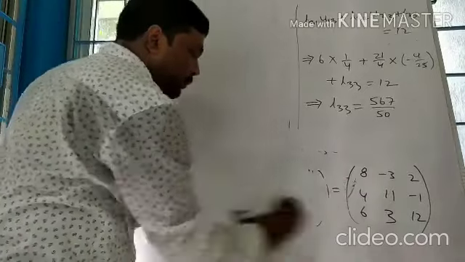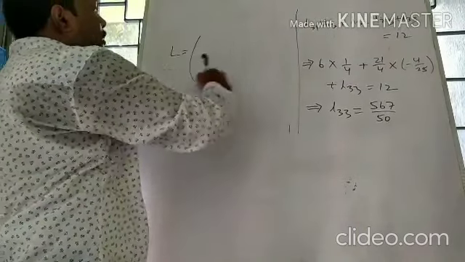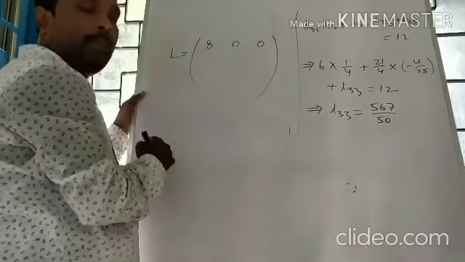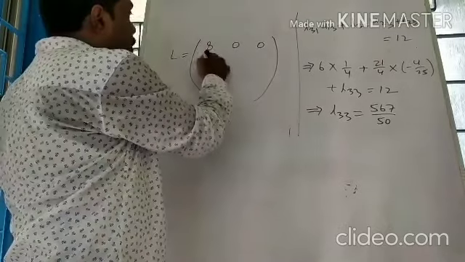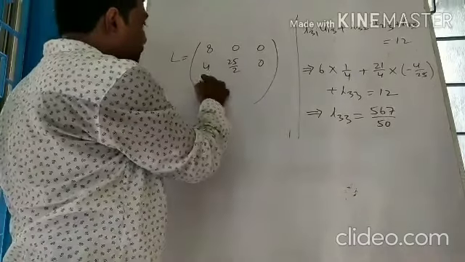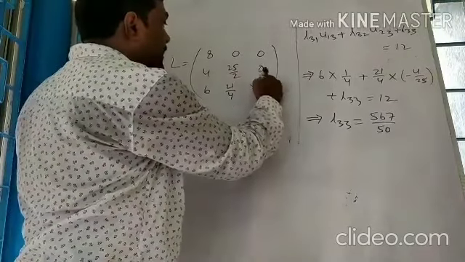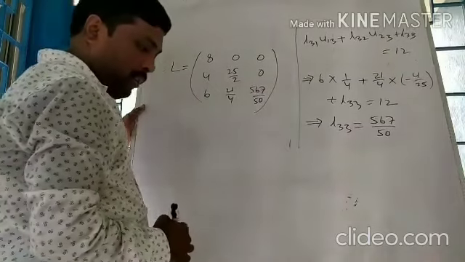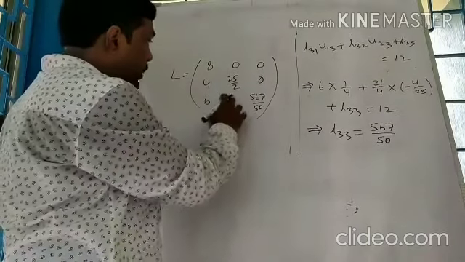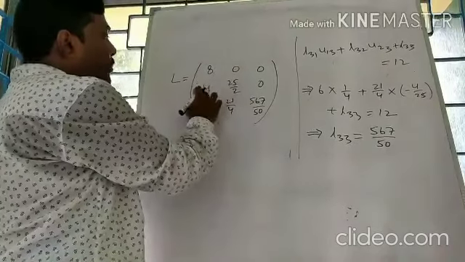So what is L? L equals the lower triangular matrix: 8 0 0, 4 25 by 2 0, 6 21 by 4 567 by 50. This is L. L11 is 8, L21 is 4, L22 is 25 by 2.